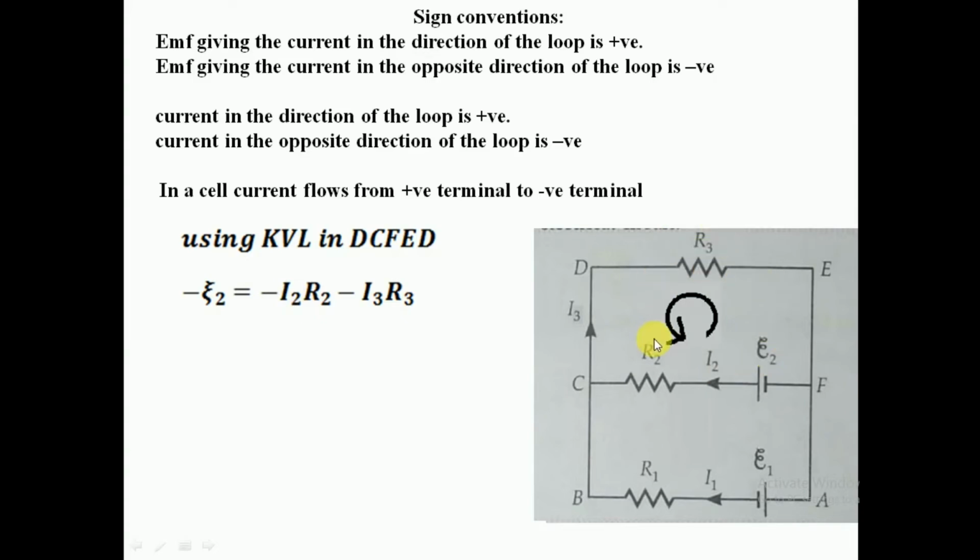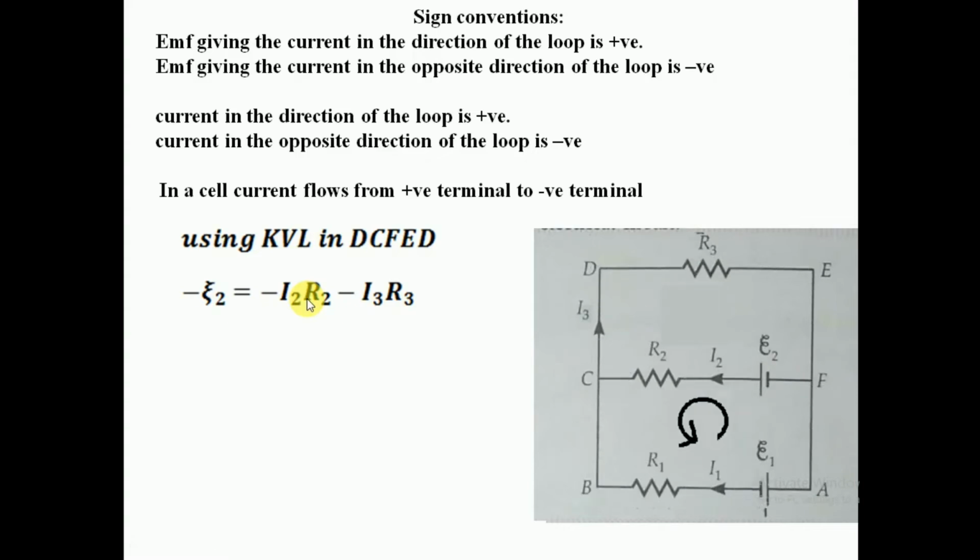In R3 I3 is flowing, so my loop is going towards the left, and I3 is going towards the right, so they are in opposite direction, so current I3 is negative. So I'll just write minus I3 R3. So two resistors and one EMF, so I have used this rule.